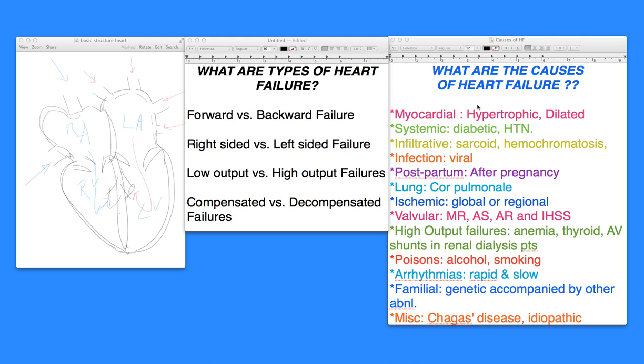I know we have discussed the causes of heart failure in my previous video presentation just now, and here's an exhaustive list as you see on the right panel, very colorful, obviously trying to see if you could see the standing out causes: the myocardial, the systemic, the infiltrative, the infection, the one pregnancy, and of course related to the lungs, the valvular, the high output failures, certain poisons like alcohol and smoking, arrhythmias, familial, and of course the ones where you can't find the cause, which is always a waste paper basket diagnosis type of thing where you can't find the cause after you've ascertained all the above lists. So, which is a significant category, by the way, just so that you know.